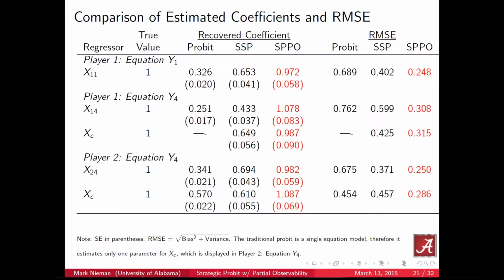The other models are always biased downwards in a conservative manner. The root mean squared error gives us the same general accounting as the previous slide, showing us that the strategic probit always outperforms both the split sample probit and the traditional probit, with the split sample probit always performing second best.